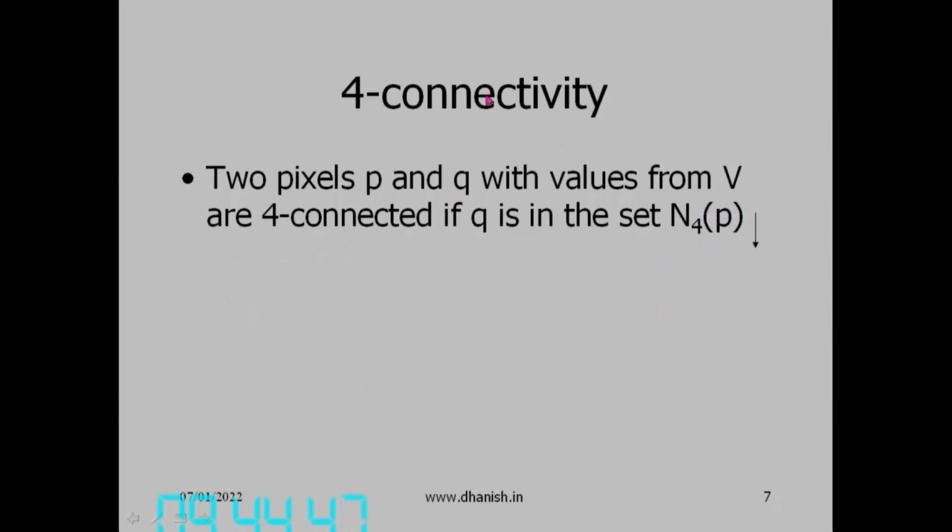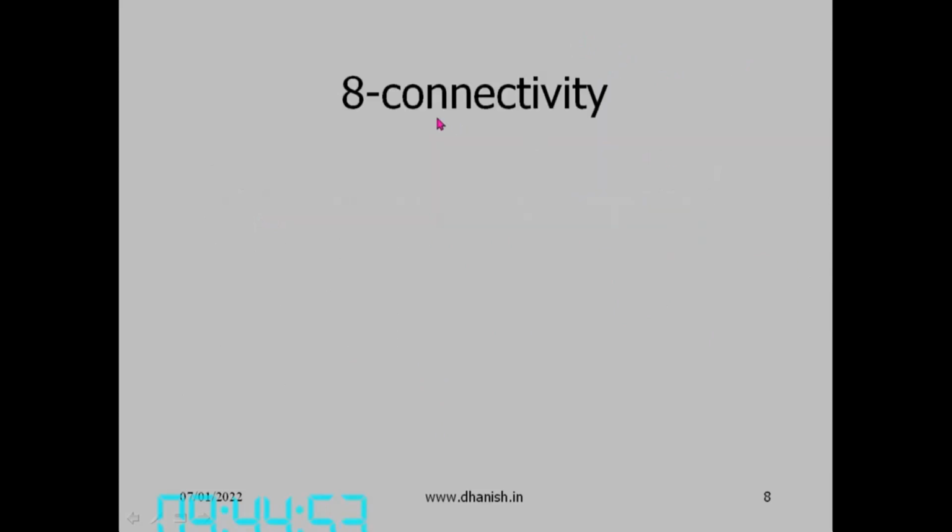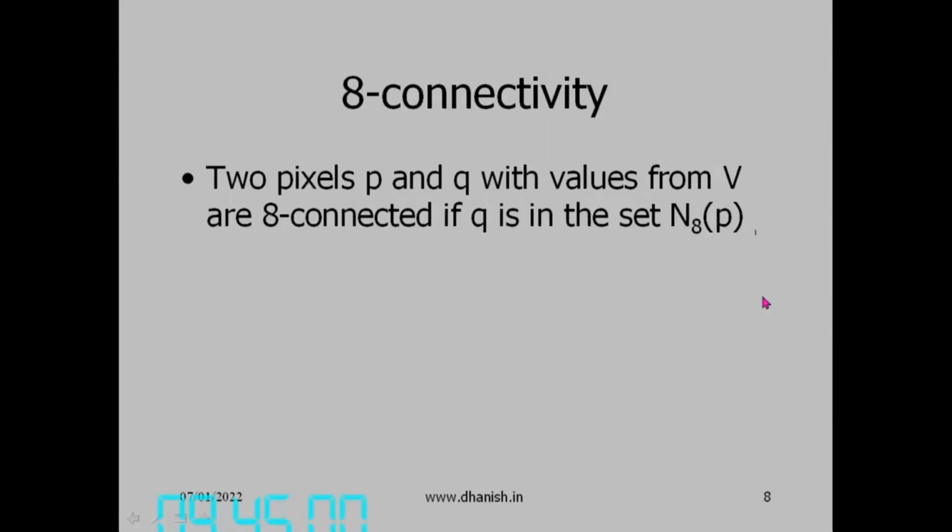The neighbor concept is closely associated with this connectivity concept. For 8 connectivity, two pixels P and Q with values from V are 8 connected if Q is in the set N8 of P.